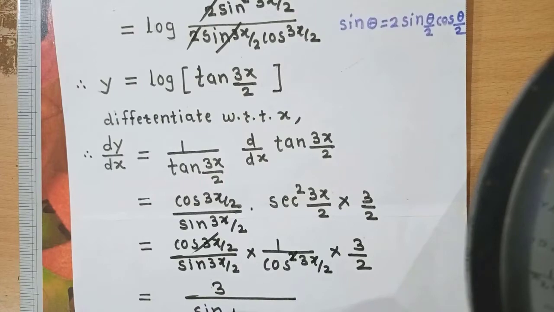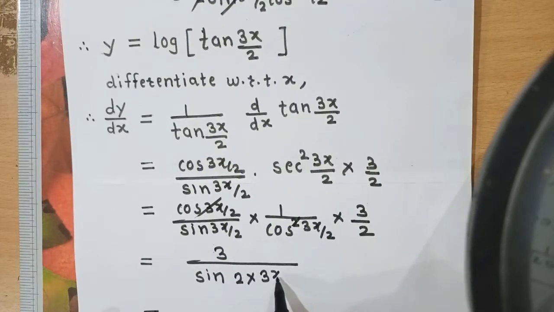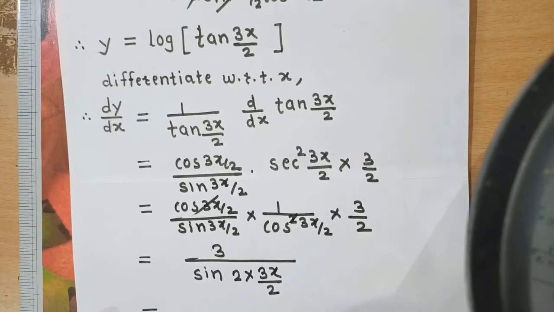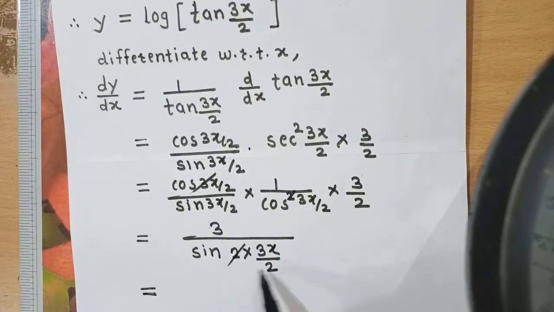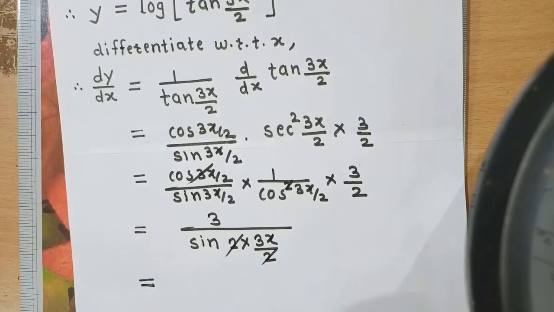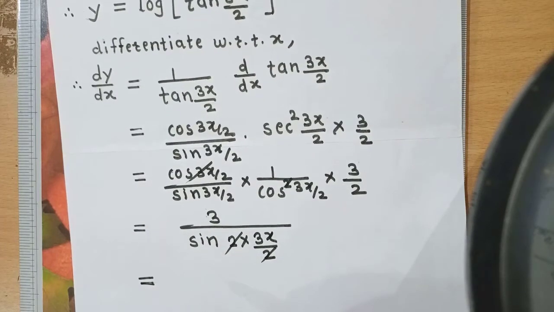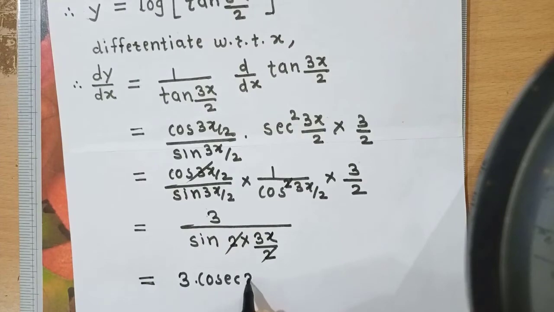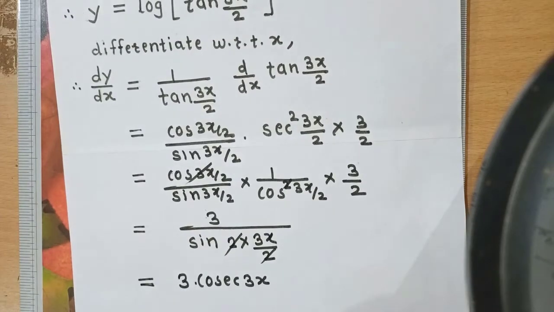So sin 2 theta means sin 3x by 2 times 2, so now again this 2 get cancelled. Only remaining sin 3x, and 1 upon sin means cosec. So final answer is 3 into cosec of 3x.